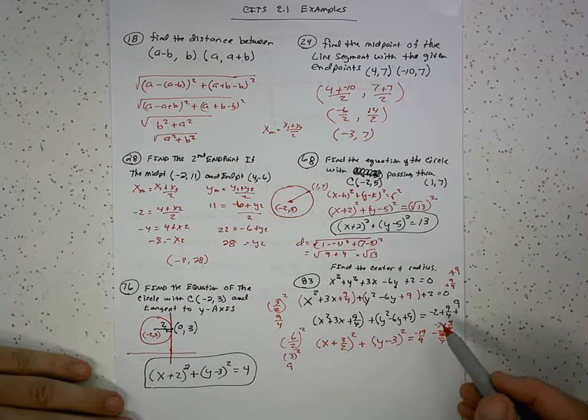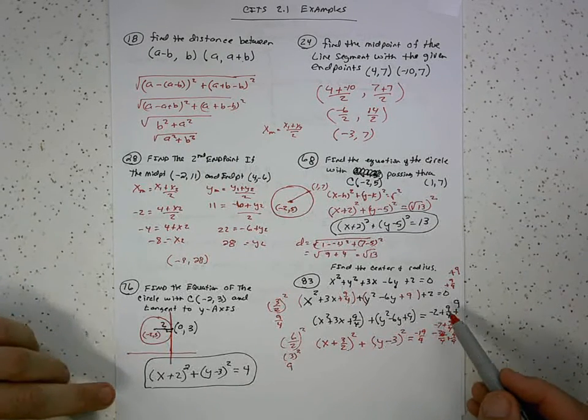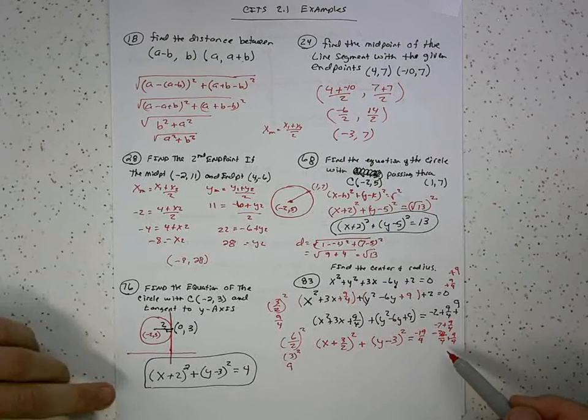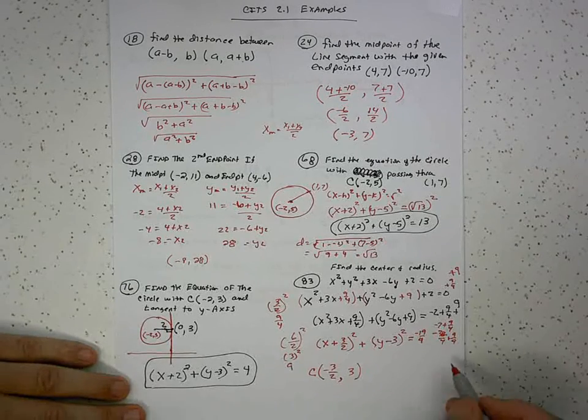Okay, let me check my numbers again here. Okay, so I've got my center. My center is the opposite of x, negative 3/2, the opposite of the term in there. So negative 3/2 and 3.